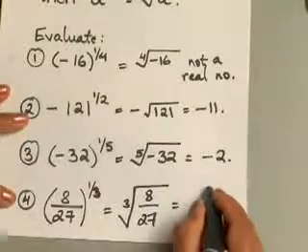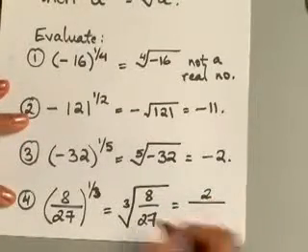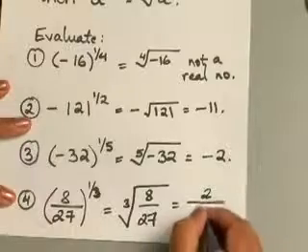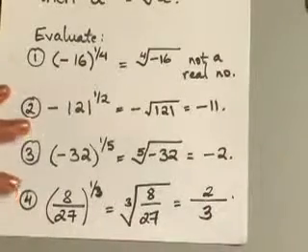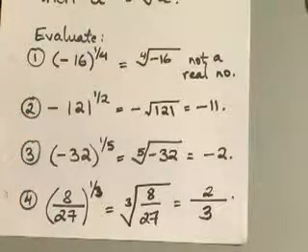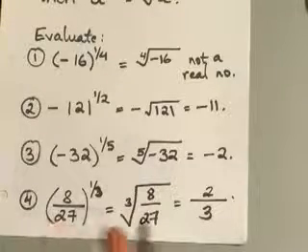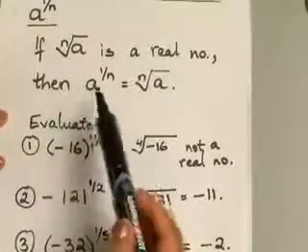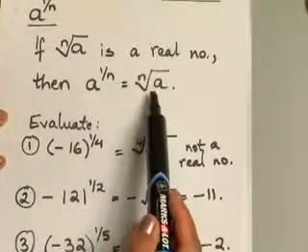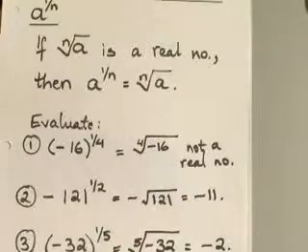Cube root of 8 will be 2. Cube root of 27 will be 3. And that's going to be your answer to that expression. So you want to try and get comfortable writing the expression either in exponential format or, of course, in the radical format.